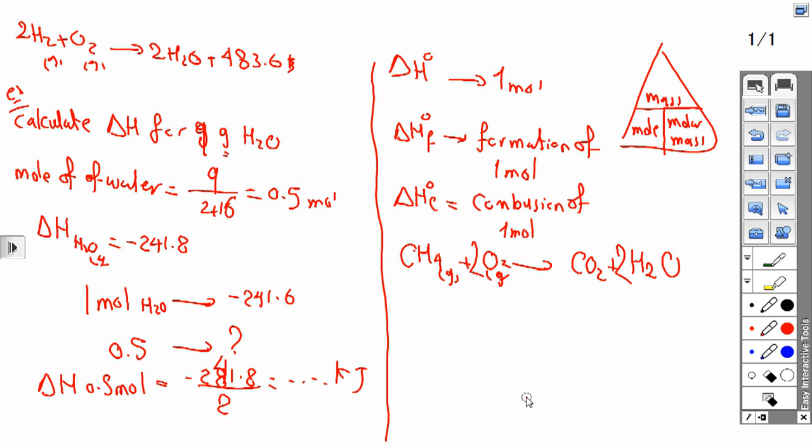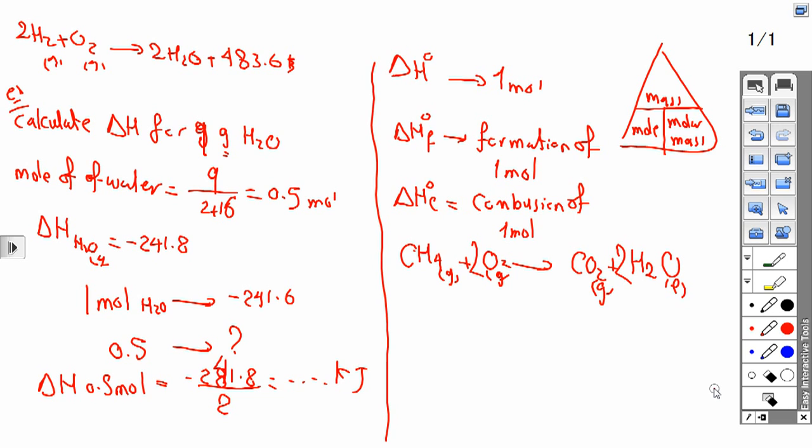Because in this equation, methane is burned in the presence of oxygen to produce carbon dioxide and water vapor. By the way, the combustion of any organic substance, I mean substance containing carbon and hydrogen, produces carbon dioxide and water vapor.